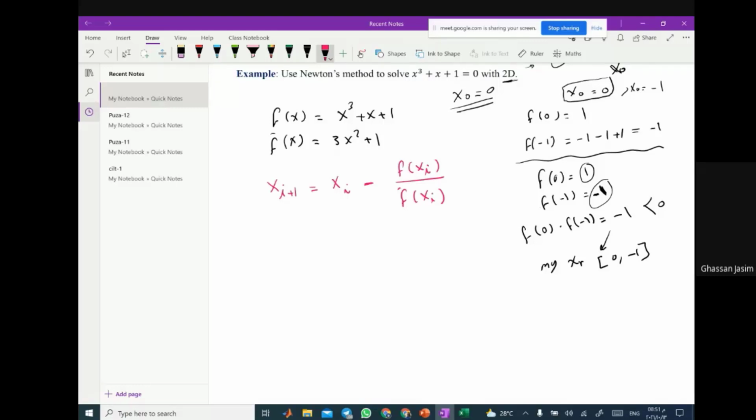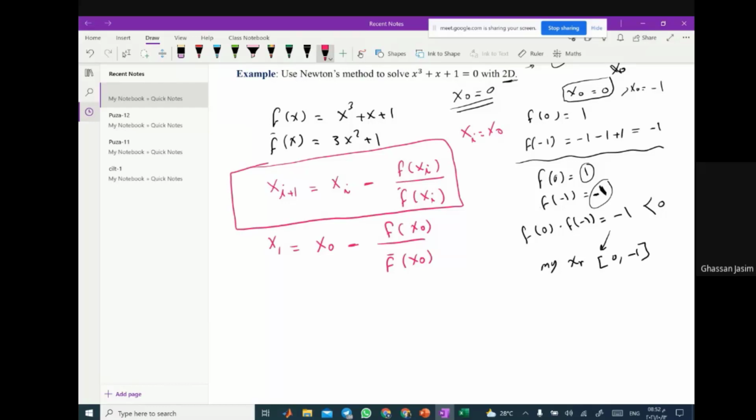Now xi equal x naught. That means x1 equals x naught minus f of x naught over f dash of x naught. Is it clear? Yes, this is our equation.